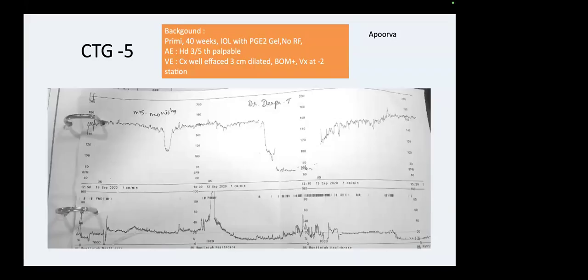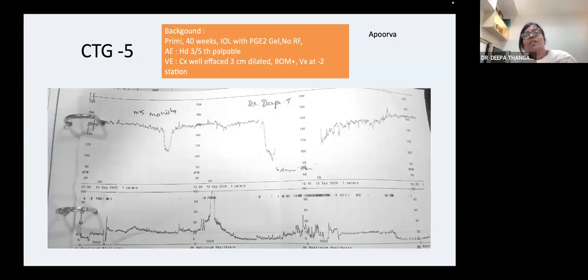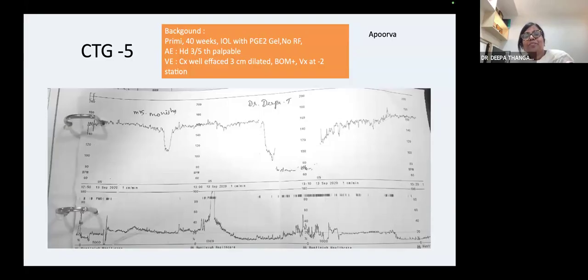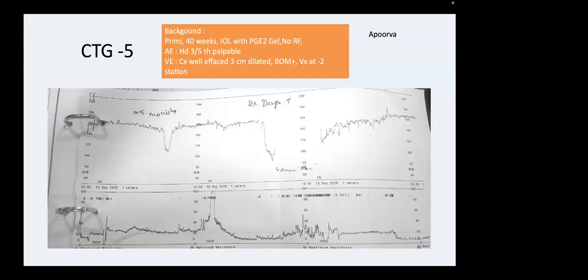She's not having regular contractions. And then baseline rate is around 160 beats per minute. Is it white or amber? Normal for 40 weeks. Okay, it's amber then. Then there are no accelerations, ma'am.